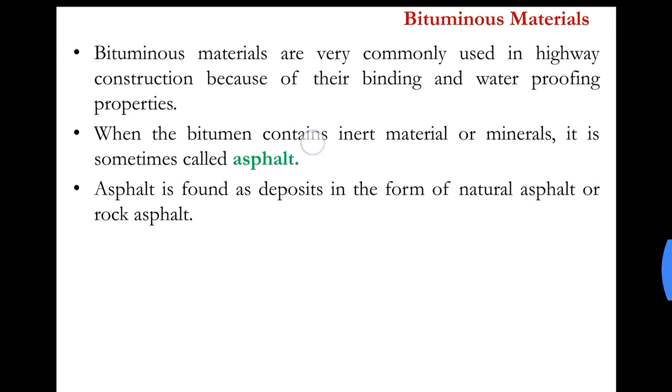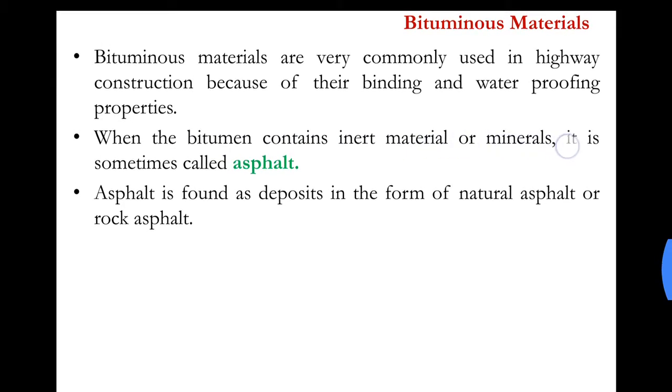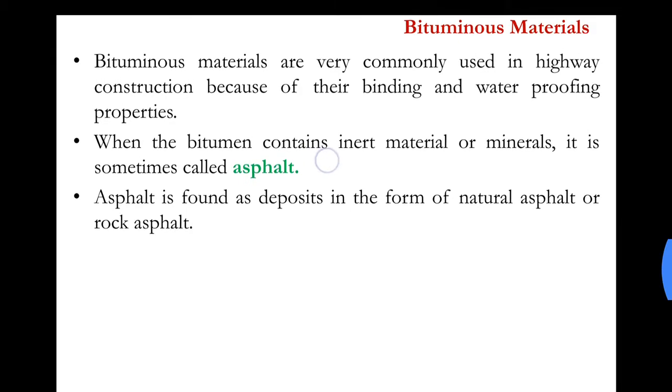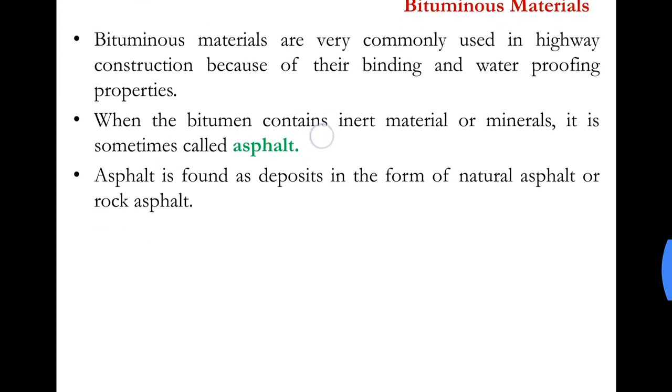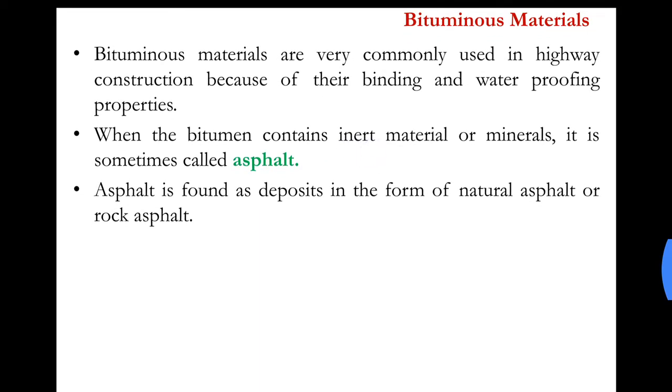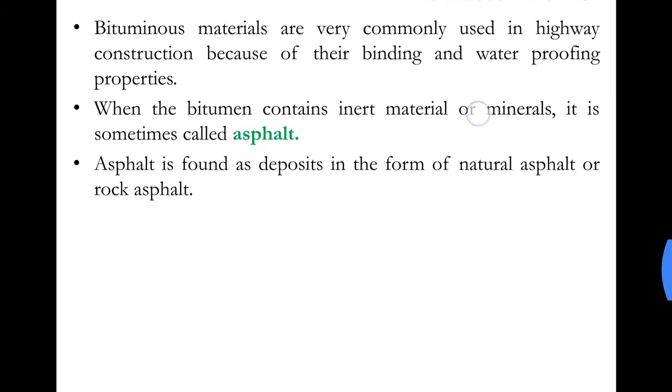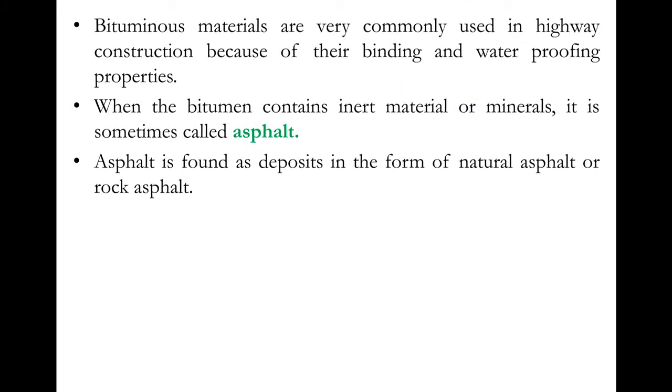When bitumen contains inert materials or minerals, it is sometimes called as asphalt. Okay, so pure bitumen in its state is known as bitumen itself, and impure bitumen, which would either have some inert material or some minerals which are mixed into it, it is commonly termed as asphalt.